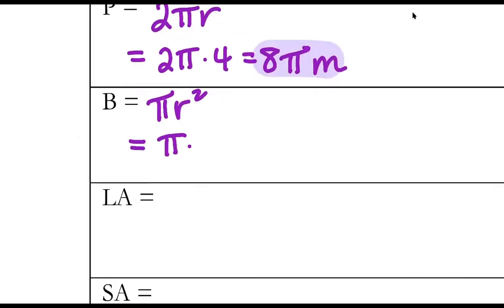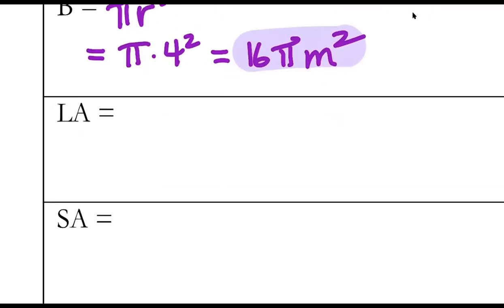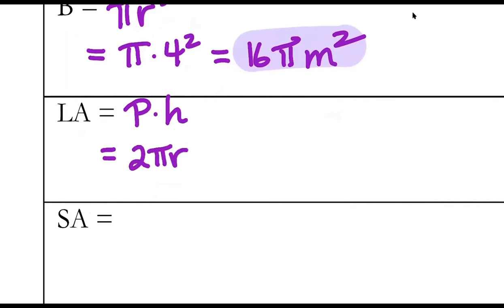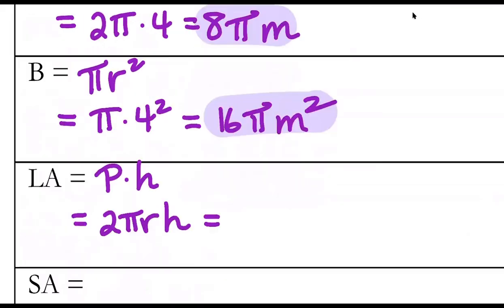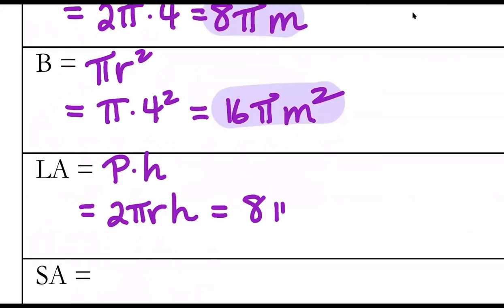That'll be pi times 4 squared, or 16 pi. Again, that's area, so meters squared. Lateral area. Lateral area is perimeter times height in general for a prism. So for a circle, it'll be 2 pi r h. Okay, the perimeter is 8 pi, and then we're multiplying by the height, which was 5, so 40 pi meters squared.